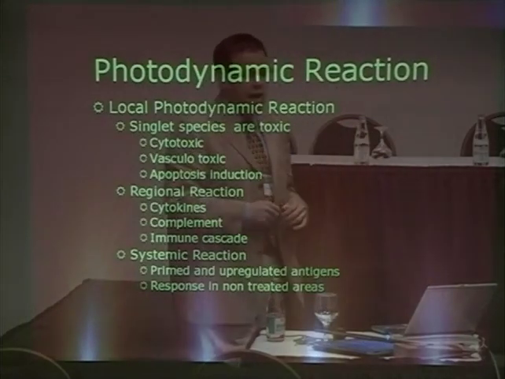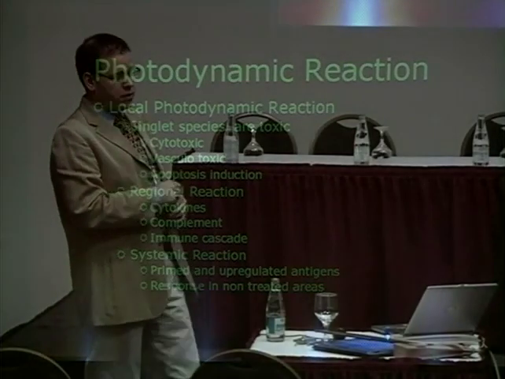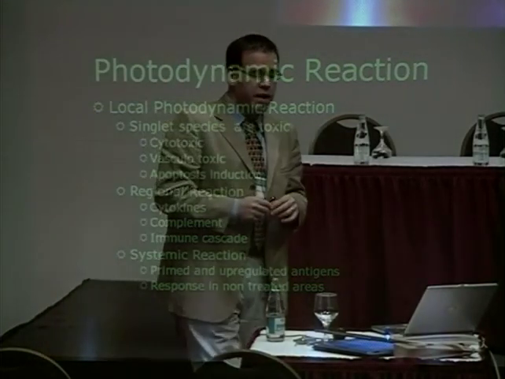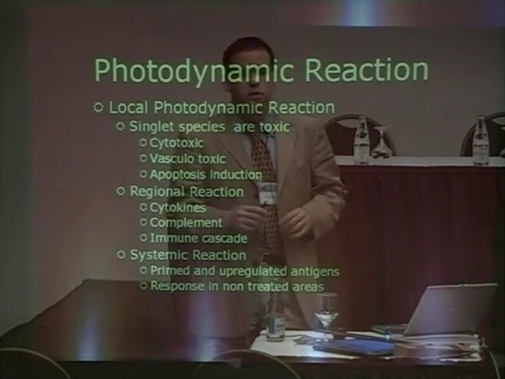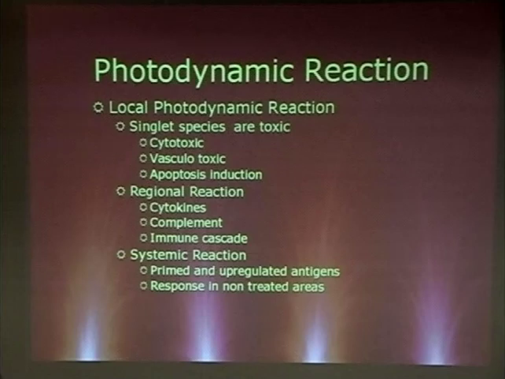So the photodynamic reaction, in summary, is a singlet species which is cytotoxic, vascular toxic, and also induces apoptosis. There's a regional reaction that can be released if these cells are destroyed rapidly with these cytokines in complement, creating an immune cascade, and this creates a systemic reaction. So it's really quite possible to use PDT as a means of vaccination, if you'd wish, by upregulating proteins.